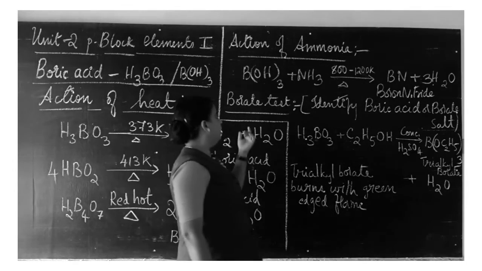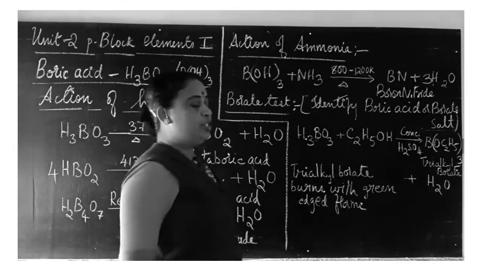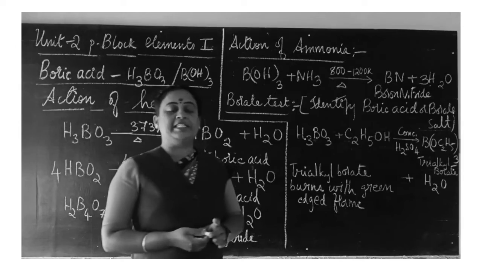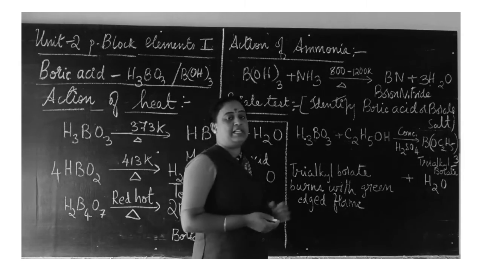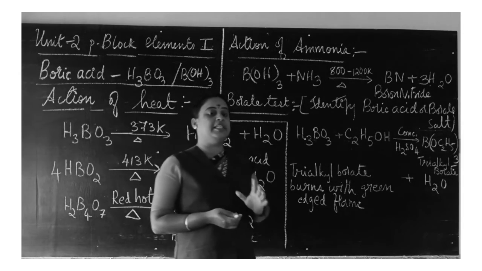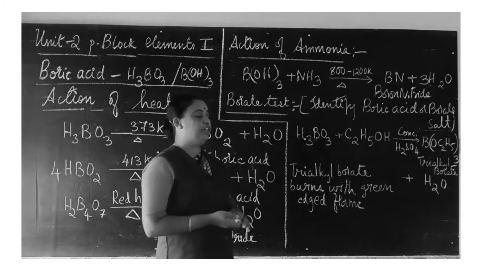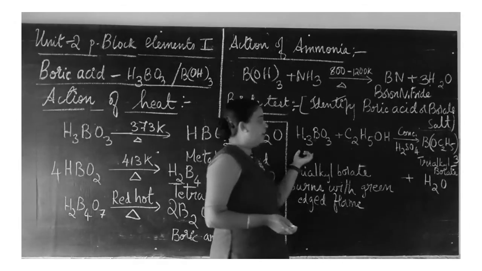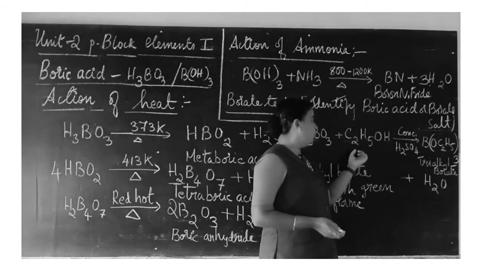Now let us look into the borate test, used to identify the presence of boric acid or borate salt. So how do we do this test? Boric acid reacts with ethyl alcohol, C2H5OH.